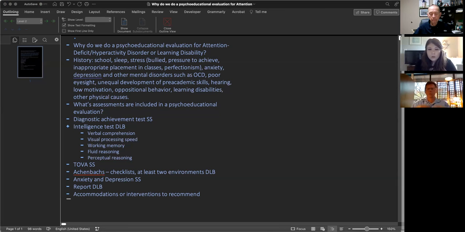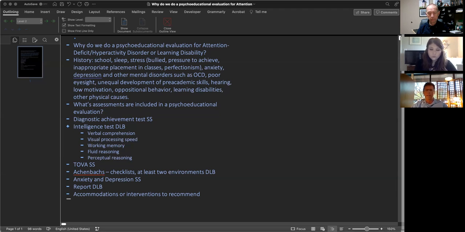So those are just a summary of all the different factors that go into this psychoeducational assessment, whether it's for ADHD or learning disability, or just some kind of problem in between. Obviously, someone is having a hard time with attention, or they wouldn't be coming to us for an assessment.